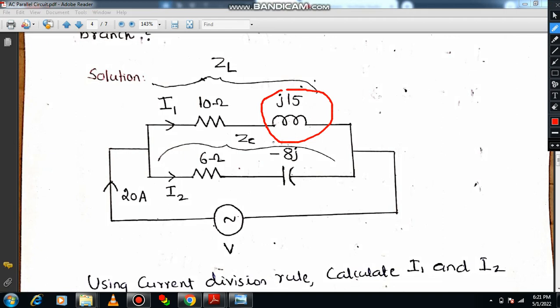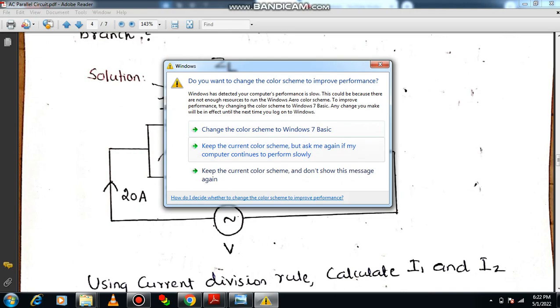Which component consumes power? Obviously the resistive component. Whenever you are calculating power consumption, don't consider the inductive element. We already proved that the average power consumed by the inductive circuit is 0. So here you consider only the resistive part, and I hope you are understanding.